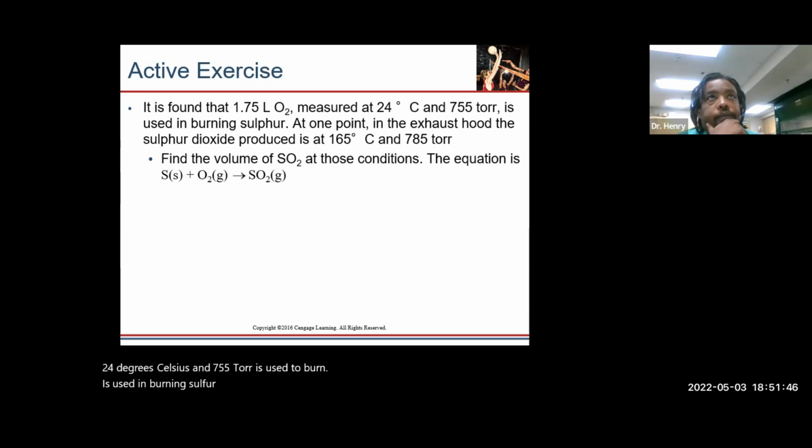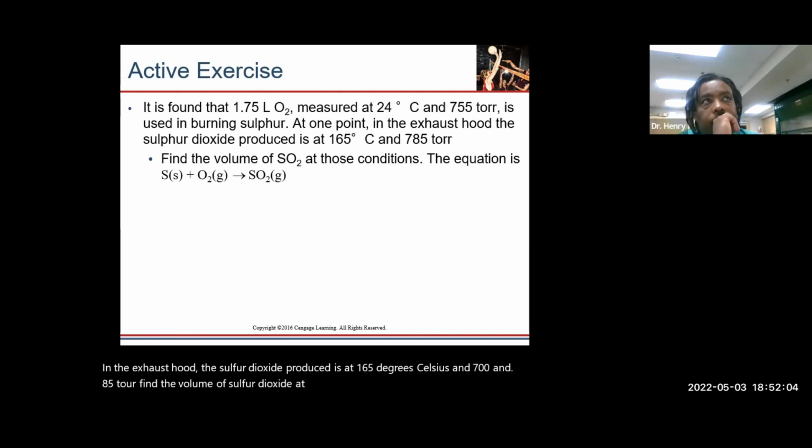At one point in the exhaust hood, the sulfur dioxide produced is at 165 degrees Celsius and 785 torr. Find the volume of sulfur dioxide at these conditions.